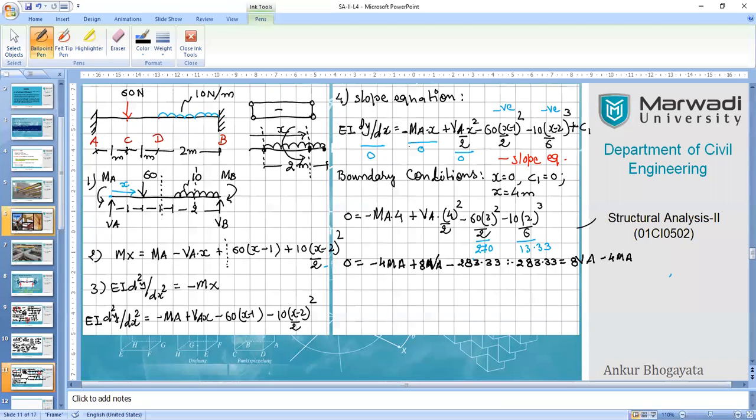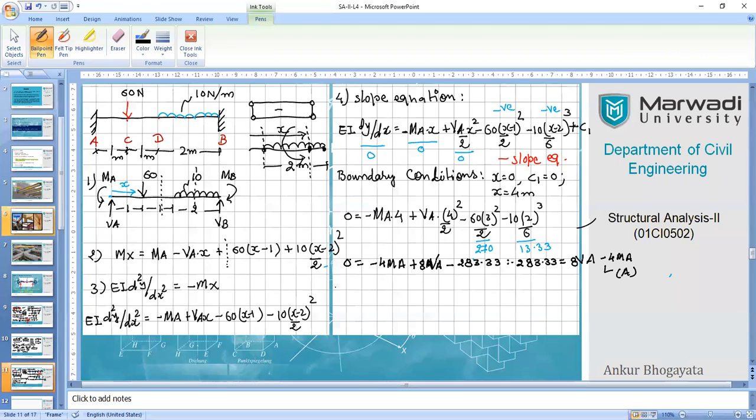Here, we are now going to reutilize the slope equation, introducing one another constant, C2. Now we have one equation with us, so we keep this in our pocket, and let's go for deflection.